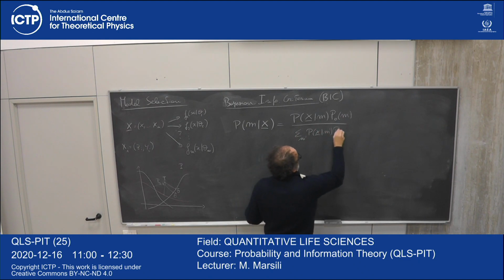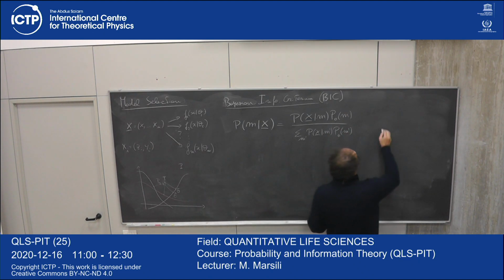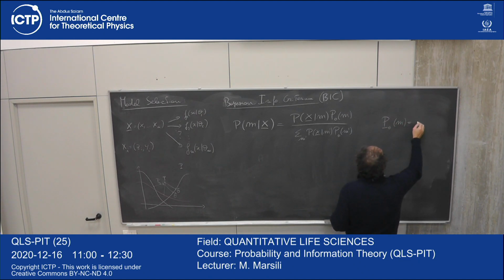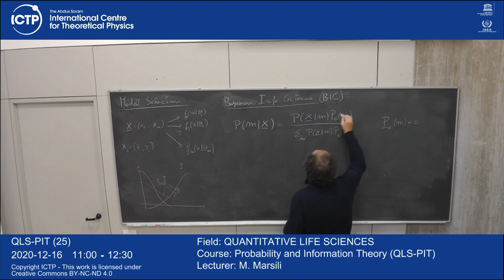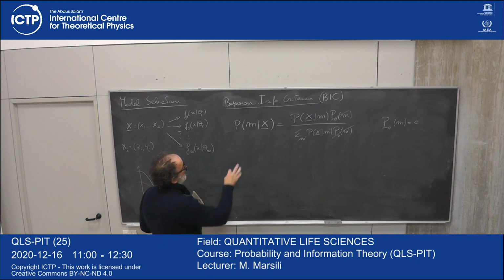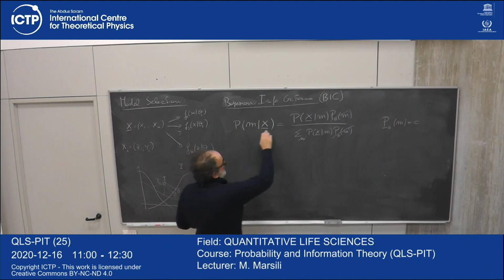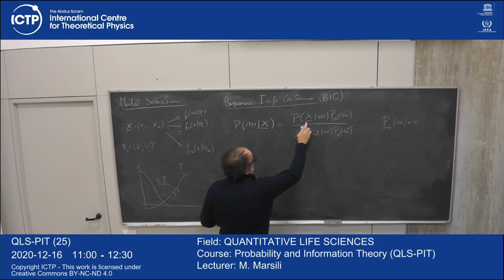Now this is just Bayes' theorem. If a priori all models are equally likely, so this is a constant, then this constant goes away, and finding the most probable model means finding the model for which the data is most likely. Instead of maximizing this, you can maximize this.